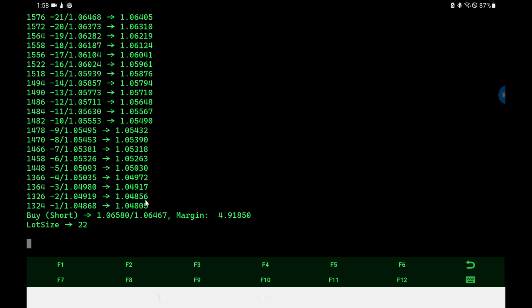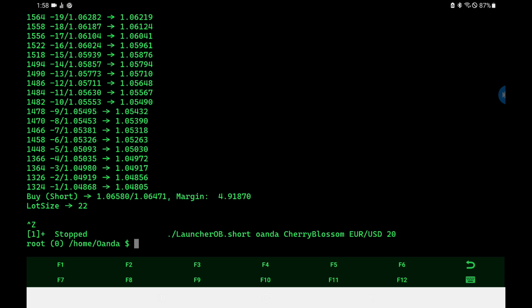This one is exciting because it's been running for a while. It's been building up. It has a margin. So let's stop it. We have $4.91 used in our margin. We have our current ticker rate and our worst case scenario for purchase.